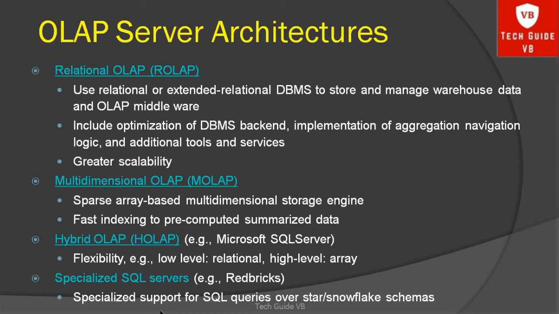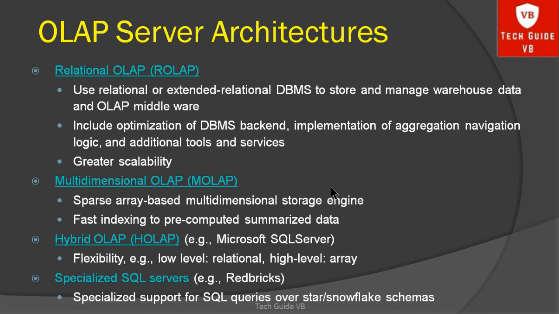Then second is the multidimensional OLAP, MOLAP. It has a sparse array based multidimensional storage engine, with fast indexing to pre-computed summarized data. So it is the second type of OLAP server architecture.